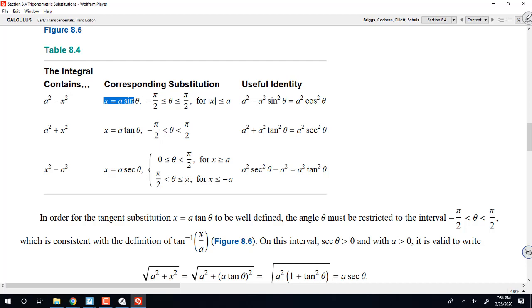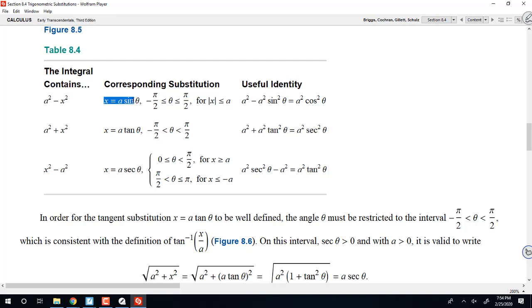Does that make sense? If the inverse sine of x over a is theta, then the output is only between -pi over 2 and pi over 2, because that's the range of the inverse sine. But these things are mentioned here kind of in passing, and then they say, in order for the tangent substitution to be positive, blah, blah, blah. So that's where they go through all of that.